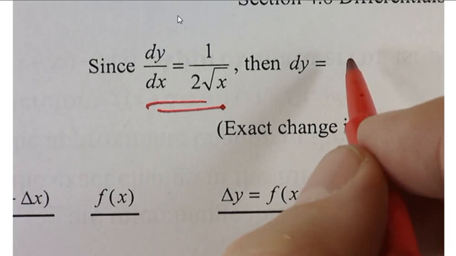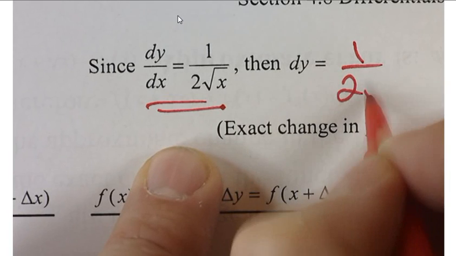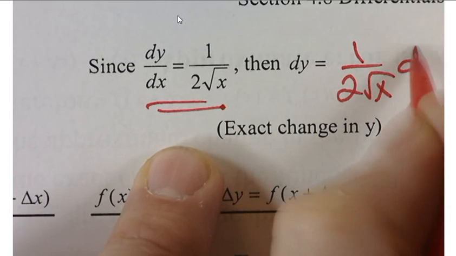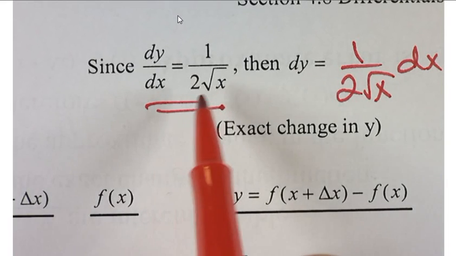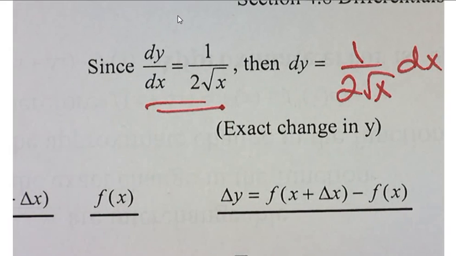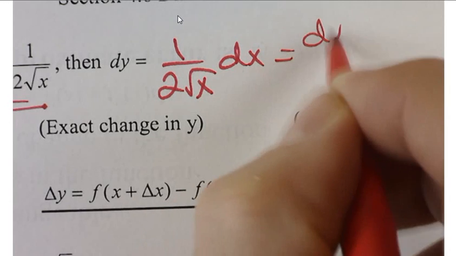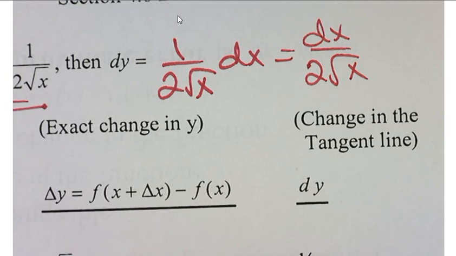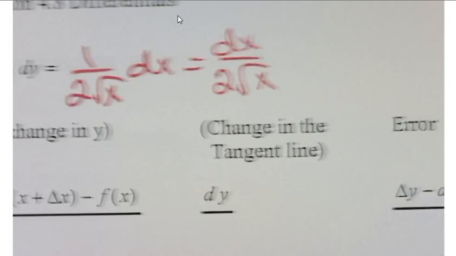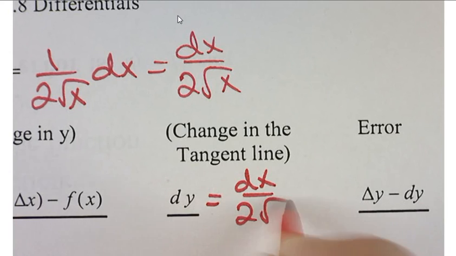Yeah, it's 1 over 2 square roots of x times dx. Basically just multiply both sides of this equation by dx. You could also write it as dx over 2 square roots of x. That's the approximate change in the function. In fact, if you want, you can write that right in here.